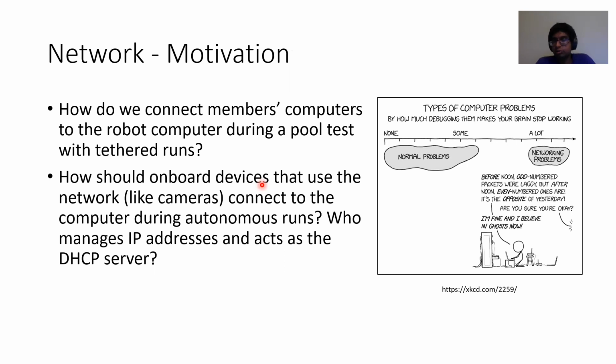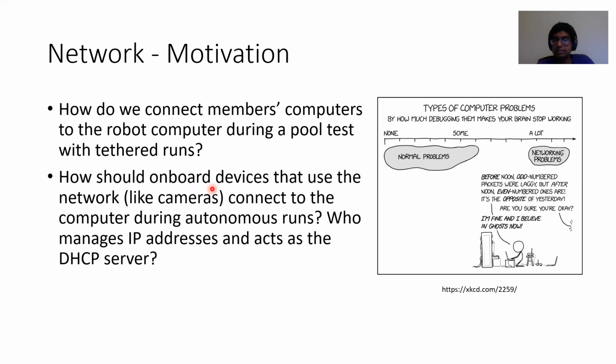Tethered runs, we have absolute control over the robot, and we can also pull the robot back in case stuff goes badly. So how do we do that? And so the other question is how to onboard devices during autonomous runs. How to onboard devices like the cameras connect to the computer. Namely that right now, we don't use a router or anything on the inside of the robot. So how is that managed?